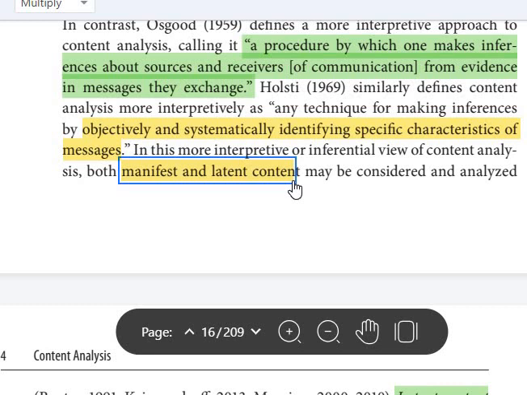You're not focusing only on words or only on the manifest content. You're focusing on both the manifest and latent content. However, we don't do this in basic content analysis. We only focus on the manifest content. Let's move on to the next page.